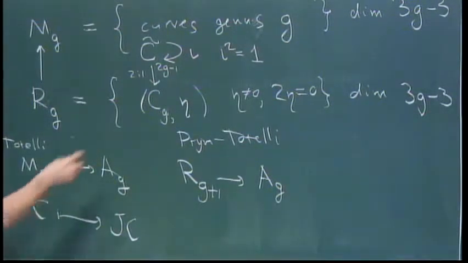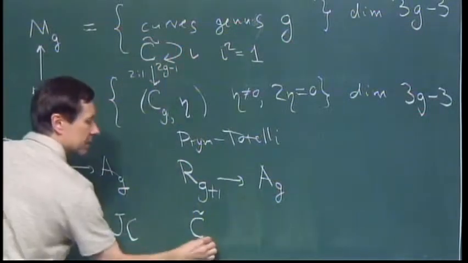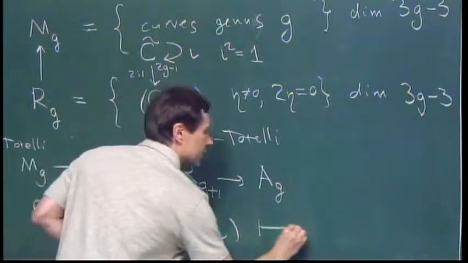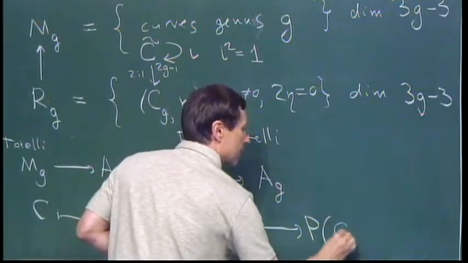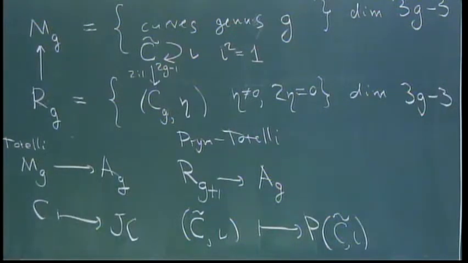What it does is it sends this pair, which is the same as the pair C tilde and iota, to the Prym variety of that pair.